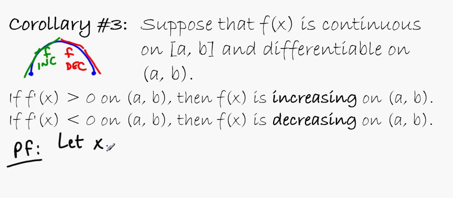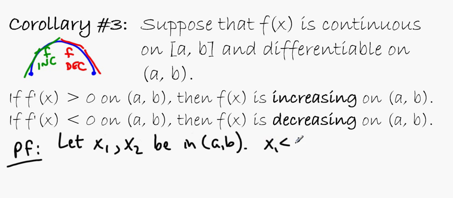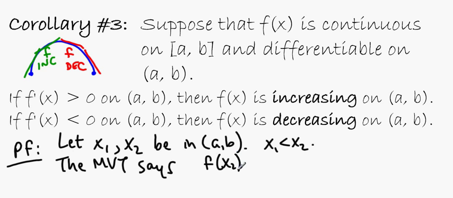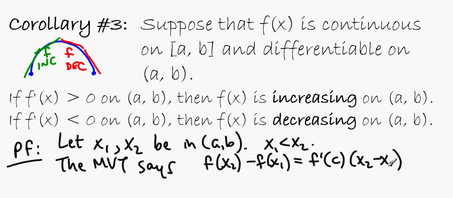So what we're going to do is let x1 and x2 be some values in the open interval (a, b), and we're going to let x1 be to the left of x2. Here's what the mean value theorem says. The mean value theorem says that f of x2 minus f of x1 is f prime at some point c times x2 minus x1.